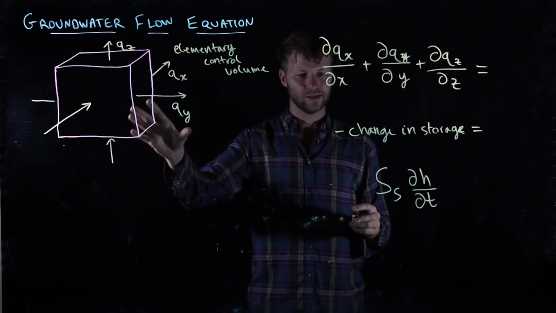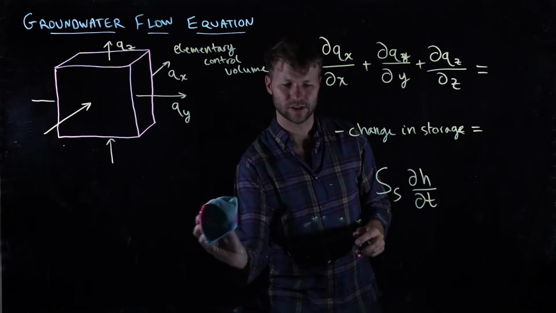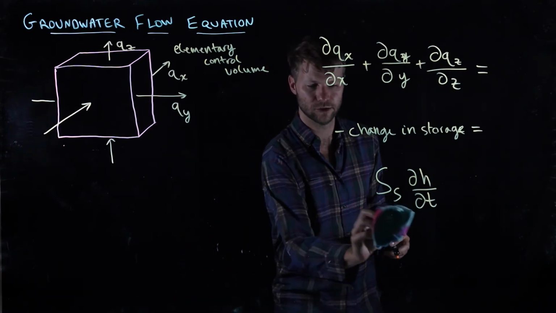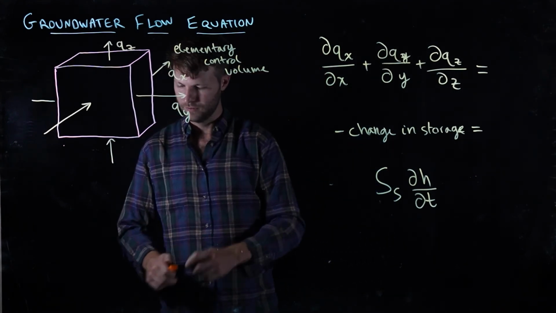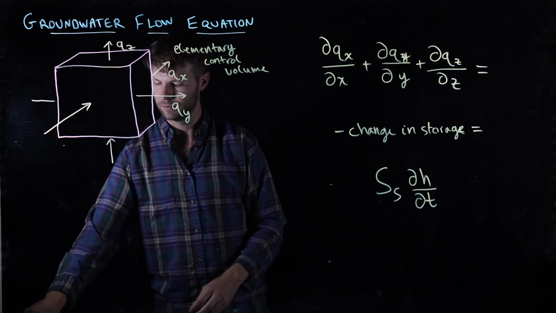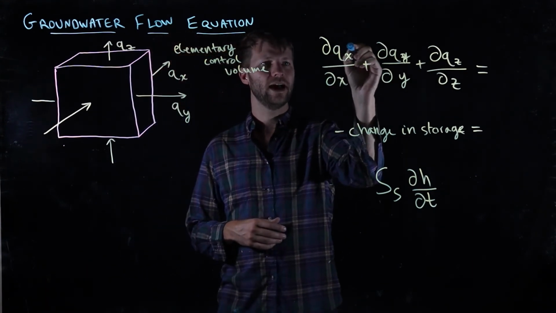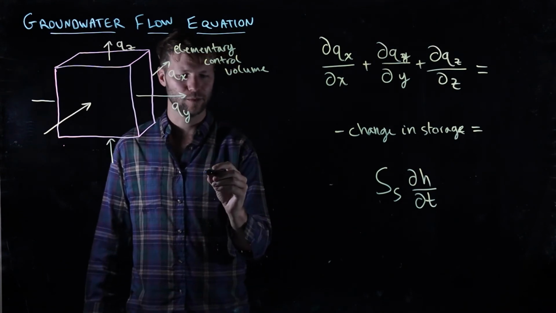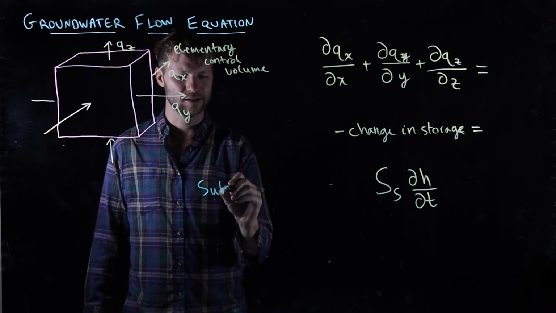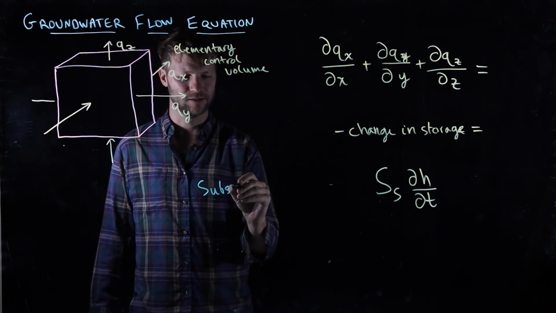Now, there's one other substitution that we can make here, and that is that we know how to express QX also in terms of head, right? We know, for example, that we could substitute in Darcy's law in this equation.